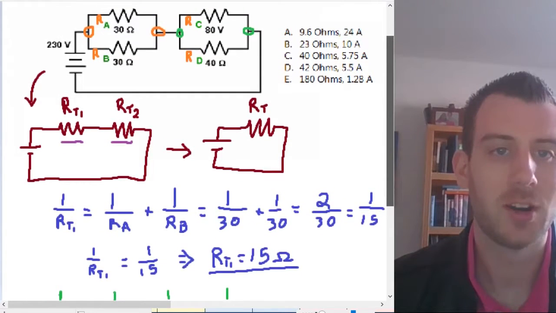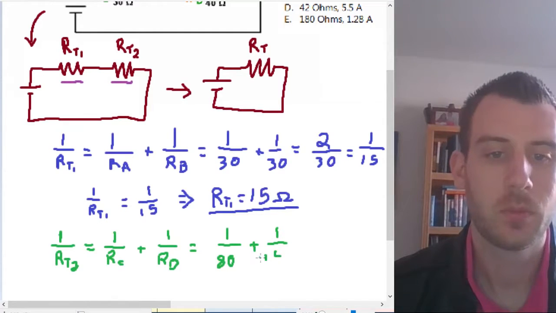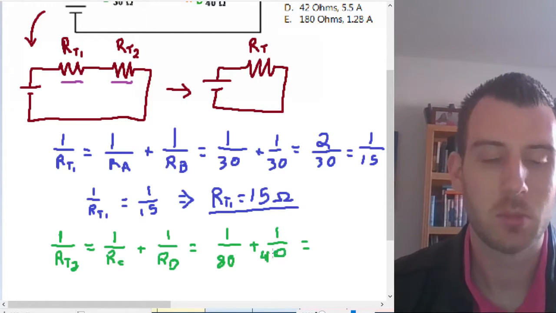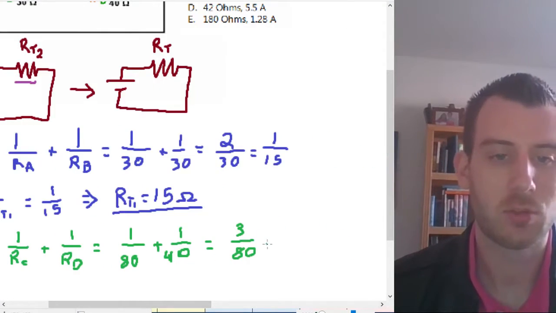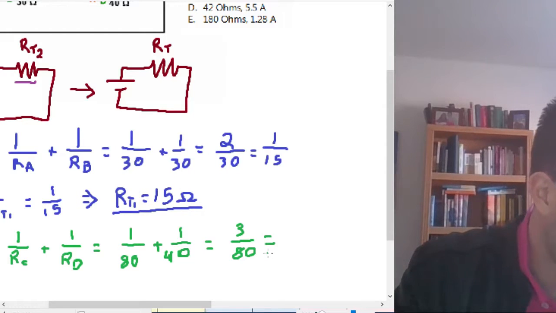My numbers are 80 and 40, so 1 over 80 plus 1 over 40. Common denominators is going to get me both of them being over 80, so it's going to turn into what, 3 over 80? If you want to just plug it in your calculator, you can check it from there, but that is going to give me 3 over 80.